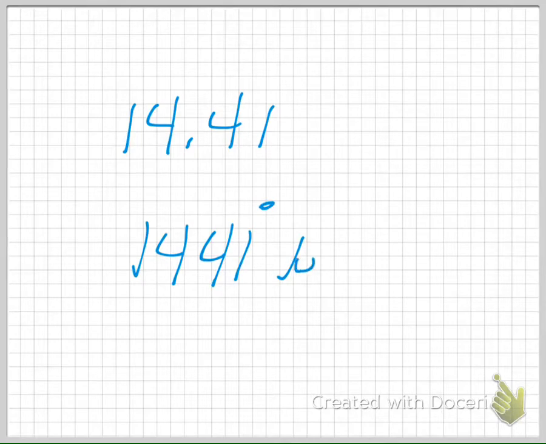What if I have a big ugly decimal like 14.41? What do I do to turn that into a percent? Move the decimal to the right 2 spaces. So it would be 1,441%. You literally move it over 2 spaces. That's all you do, and then you write the percent symbol. That's what you do to convert from a decimal to a percent.